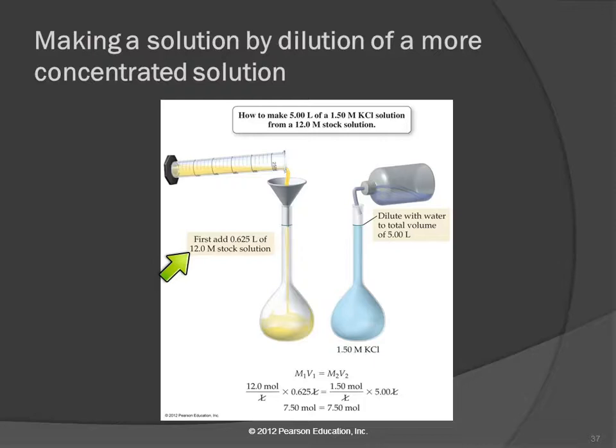They're saying first add 0.625 liters of the concentrated solution and then dilute with water. Okay, this is KCl. It's not going to cause a problem here. But I think it's always better to put some water in there first, some solvent in there first, then add the concentrated solution, mix it around, and then dilute to the mark, and then stopper and invert.